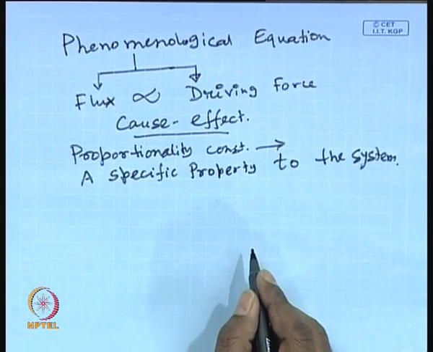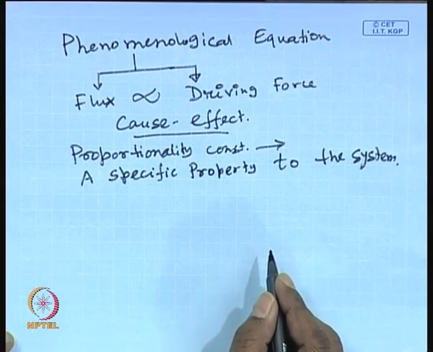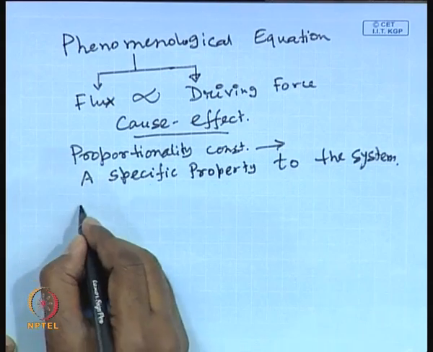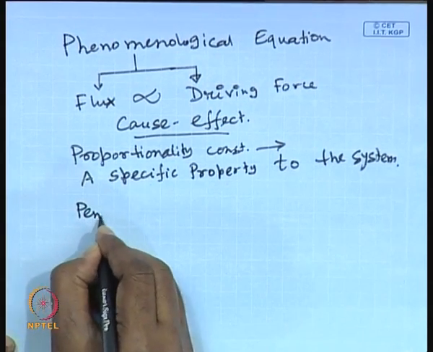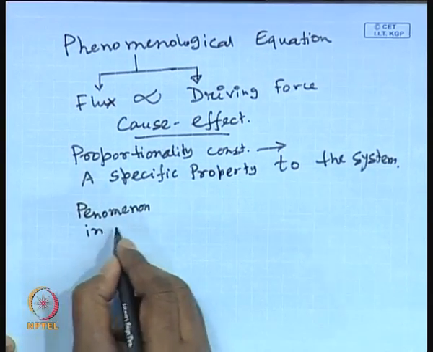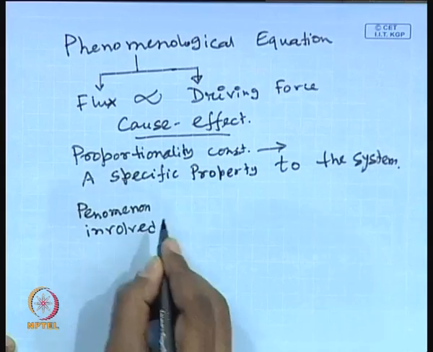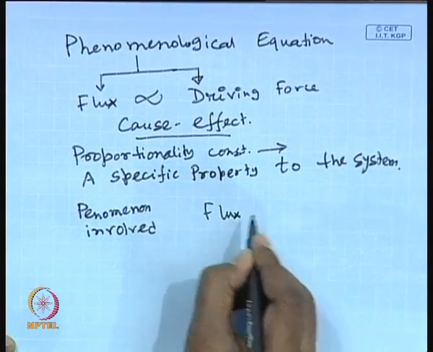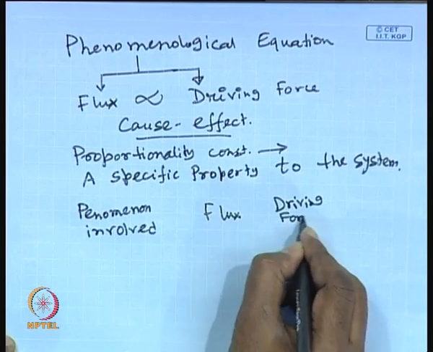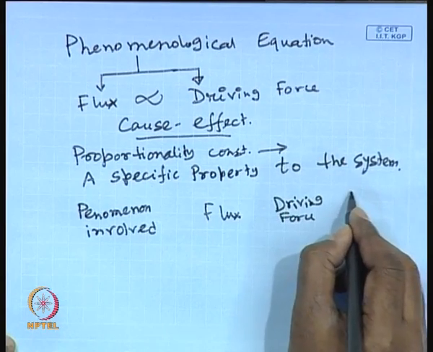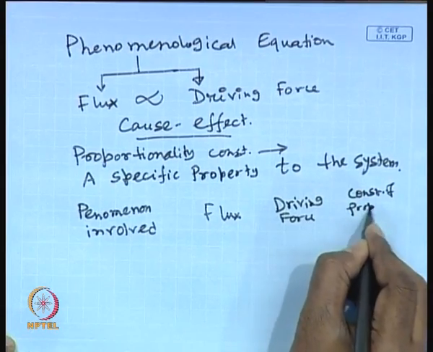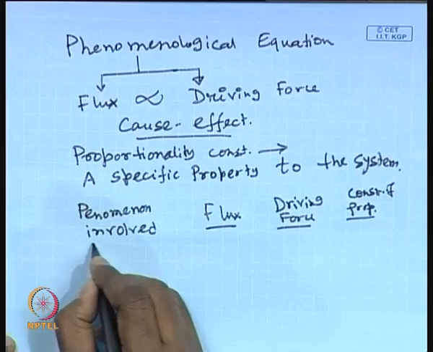Now, you have already studied various phenomenological equations. I will just give some examples and try to summarize this. Phenomenon involved, flux, driving force, constant of proportionality, that becomes a property of the system.